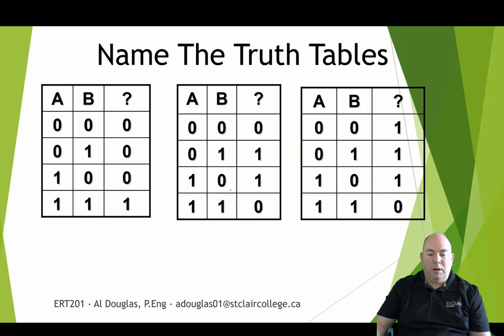So this first one here, it looks like the only thing that gives us a 1 is if they are both on. So A and B give us a 1, nothing else does.